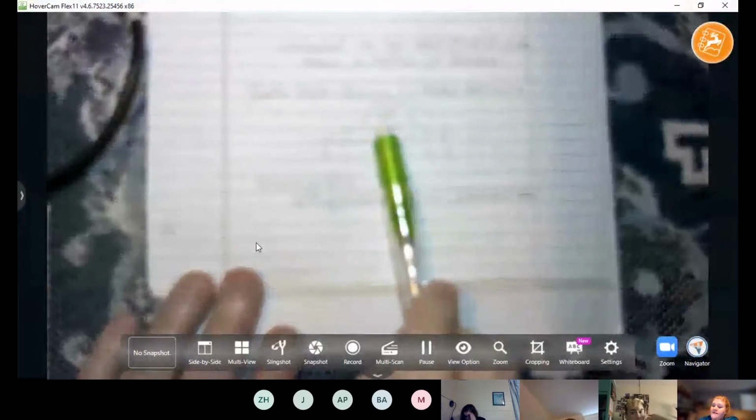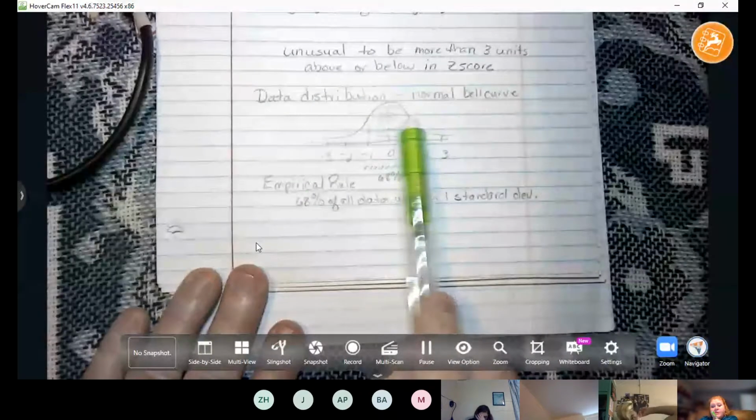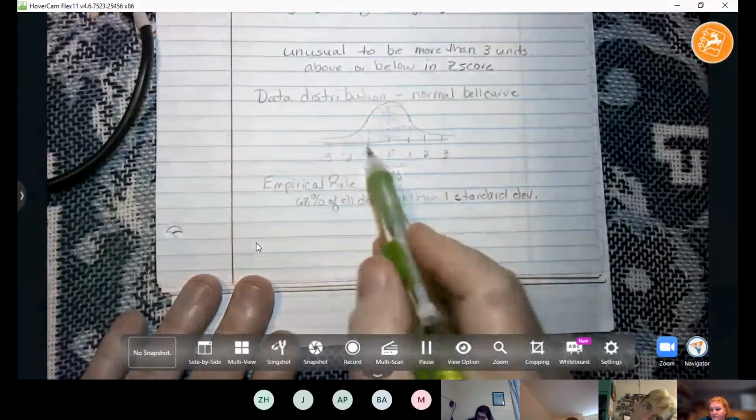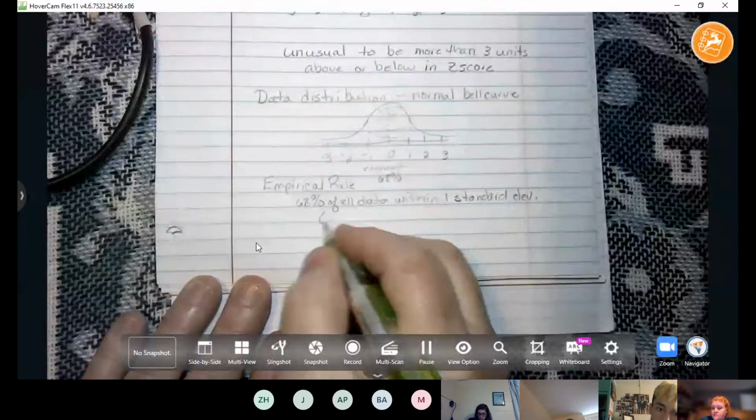Well, if I only look on one side from the mean to one standard deviation, what percentage of data is that? If both of them is 68%, what is from the mean to one of them? Half of 68 would be how much? 34%.